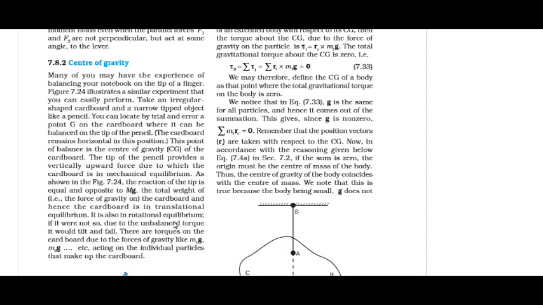It is also in rotational equilibrium. If it were not so, due to unbalanced torque, it would tilt and fall. There are torques on the cardboard due to the force of gravity like m1g, m2g, etc., acting on the individual particles that make up the cardboard.